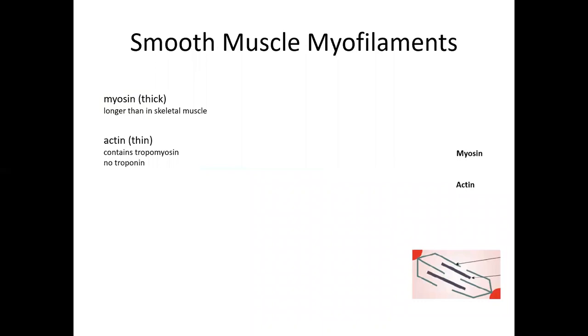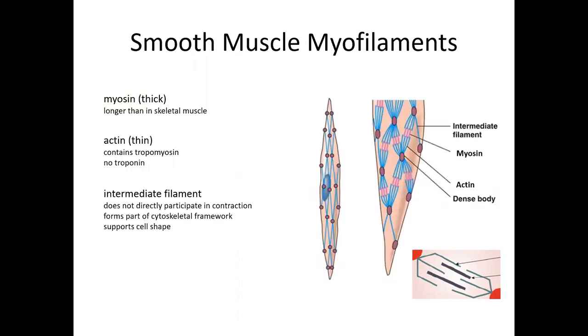So when we look at the myofilaments in smooth muscle, just like in the other two types, we still have the thick myosin filaments and the thin actin filaments. However, they are different. The myosin fibers are longer than what we're used to seeing, and the actin fibers do not have any tropomyosin or troponin attached to them.